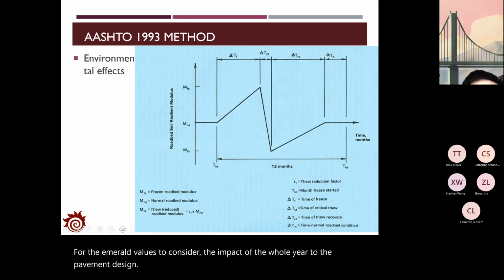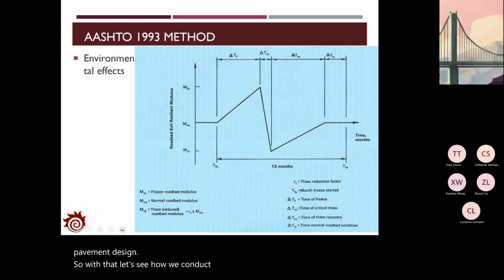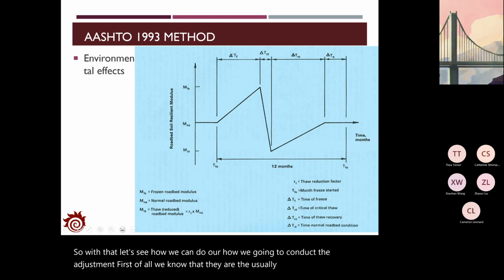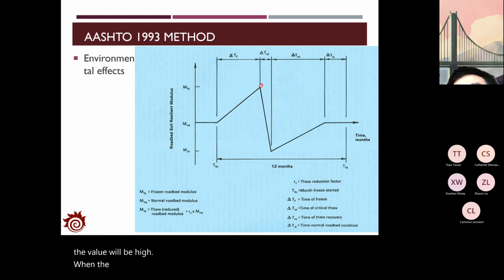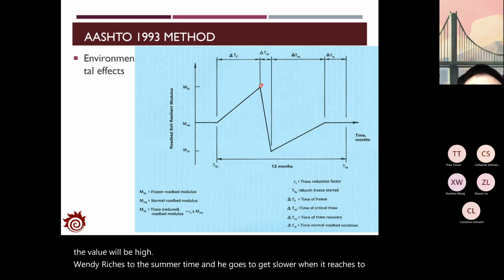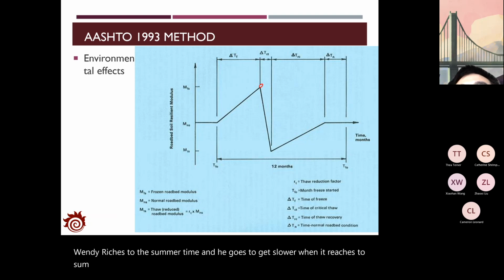So with that, let's see how we're going to conduct the adjustment. First of all, we know that usually for the resilient modulus, the value will be high when it reaches the summertime, and it gets lower when it reaches the winter or the springtime.